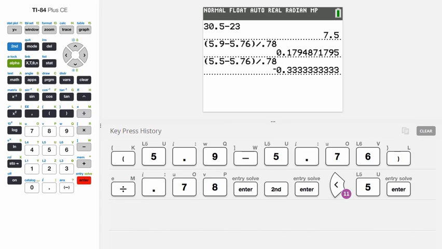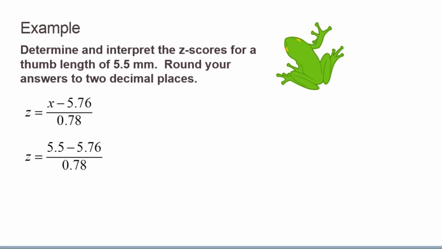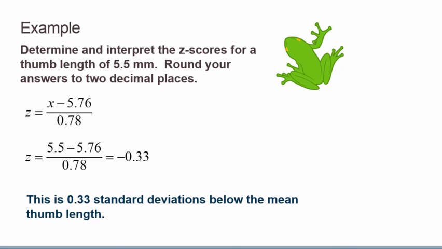And I have negative 0.3 repeating. So z equals negative 0.33. This is 0.33 standard deviations below the mean thumb length because my z value is negative.